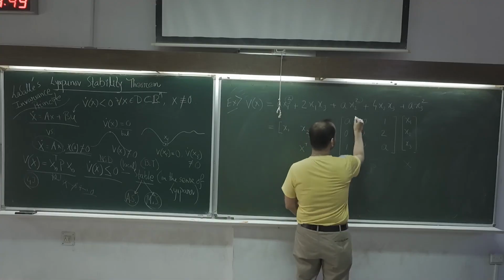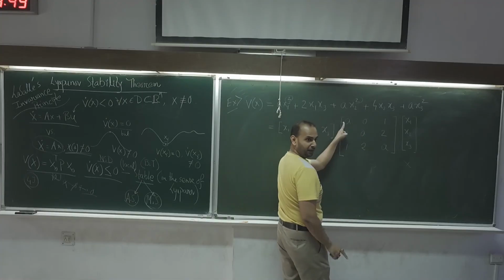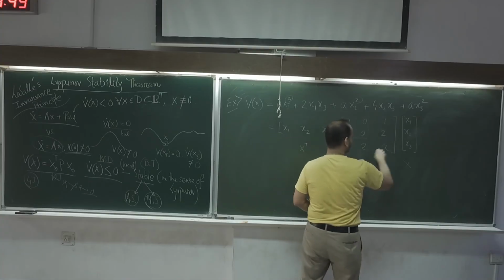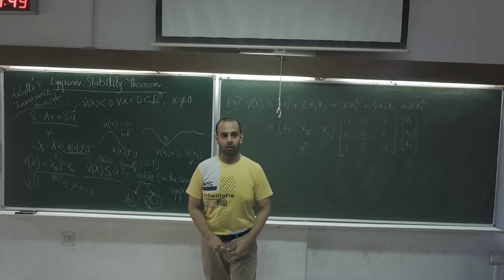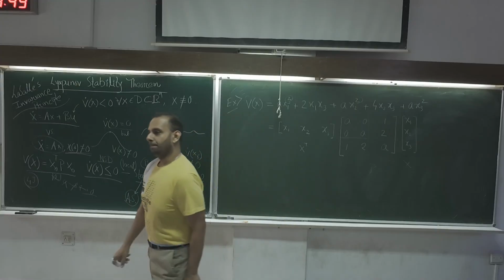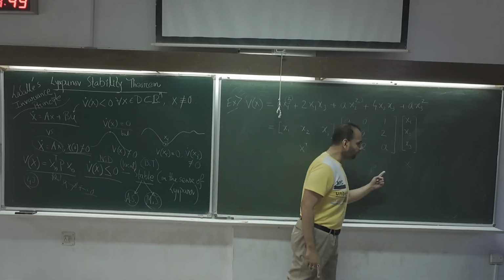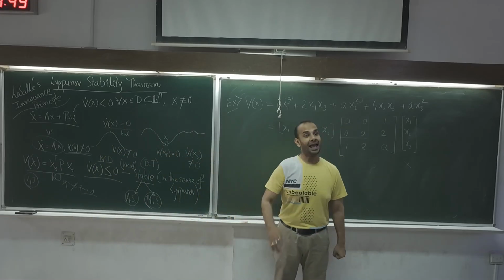Leading principal minors means this A, that is the minor of order 1, the minor of order 2, and the minor of order 3. So what I wanted to ask is for what values of A, P will be a positive definite matrix, or whether it is possible at all.